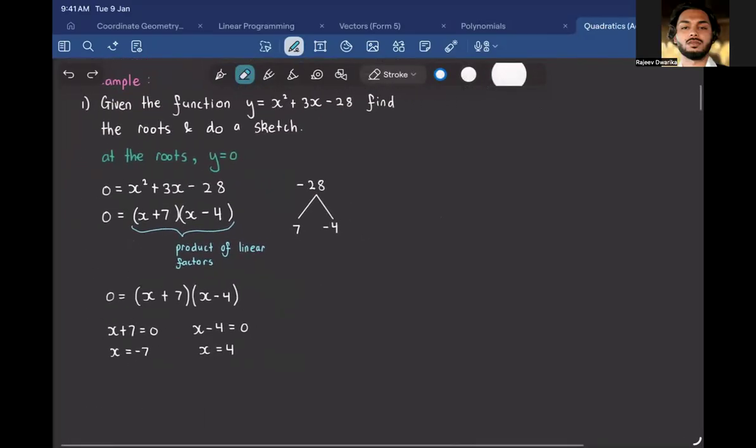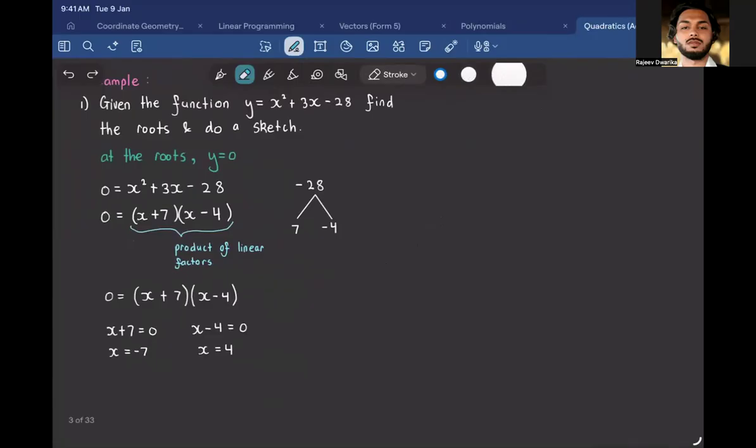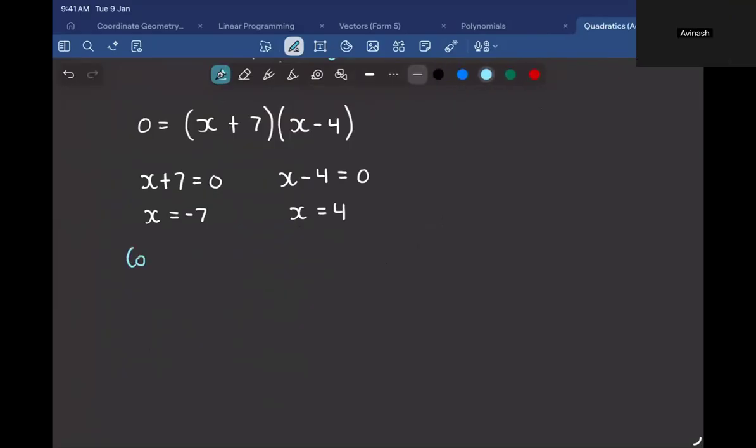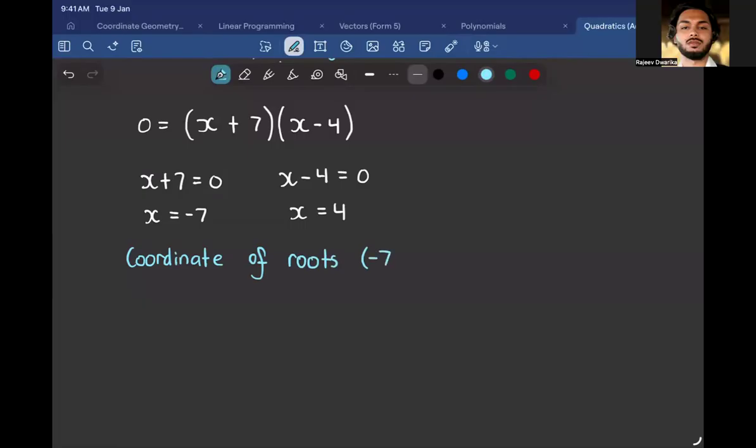Right. So let's sketch this graph now. If you wanted to state the coordinates for the roots, you would write: minus 7, comma 0, and 4, comma 0.